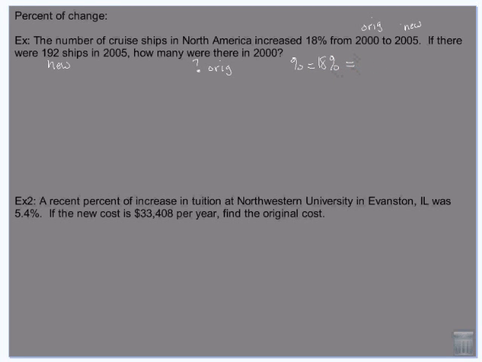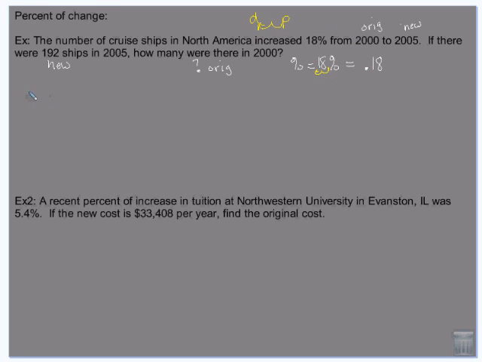Well, now I want to turn that percent to a decimal because I have to turn percents to decimals to be able to do anything with them. So I'm moving 2 places this way. So I'm going to start here, go 2 places that way. So this is 0.18. Okay.